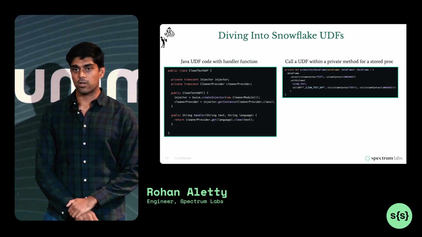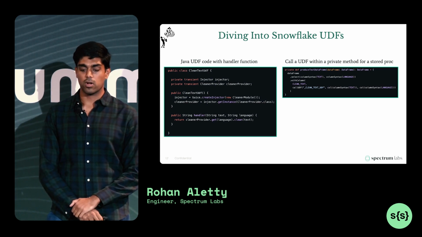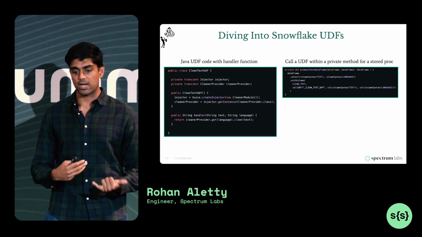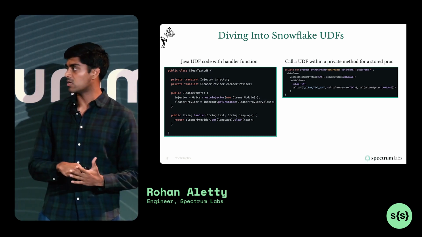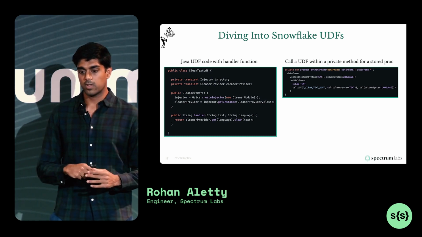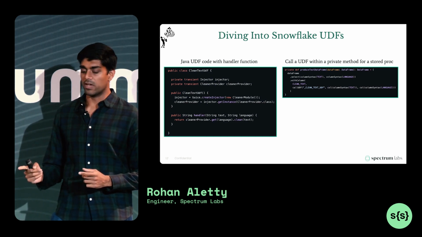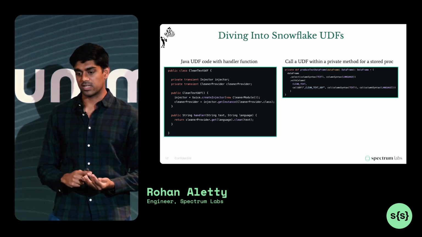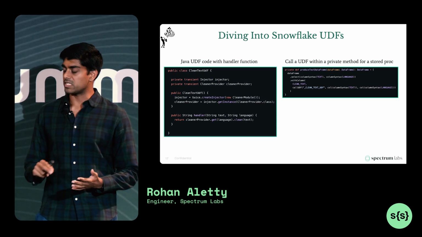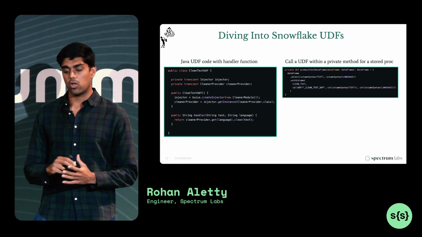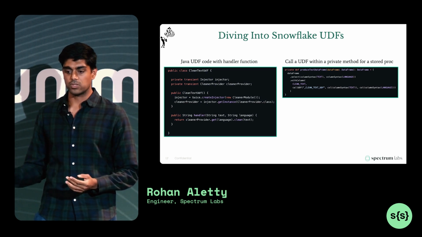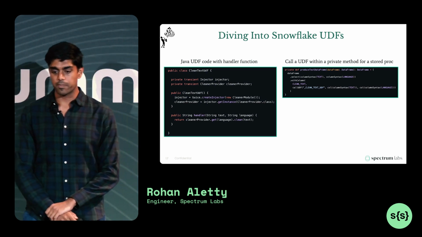And then we have a handler method, which is required for all UDFs, in order to actually call that cleaner on top of two columns, which are the text and the language that we're doing the cleaning on. And finally, if we want to use that UDF from within a stored procedure, on the right we have an example where we're using this function called callUDF, which is offered by Snowpark, to call a registered UDF on top of the two columns that we're loading from the data frame.